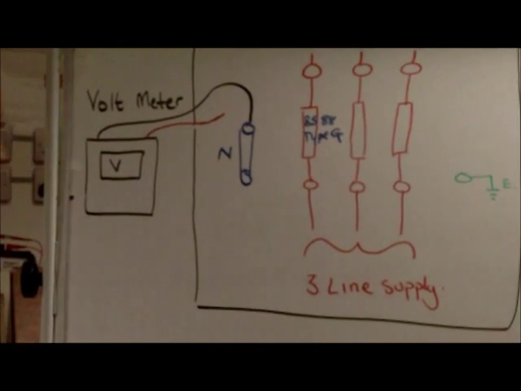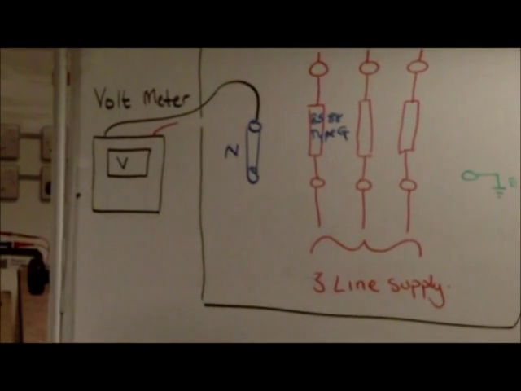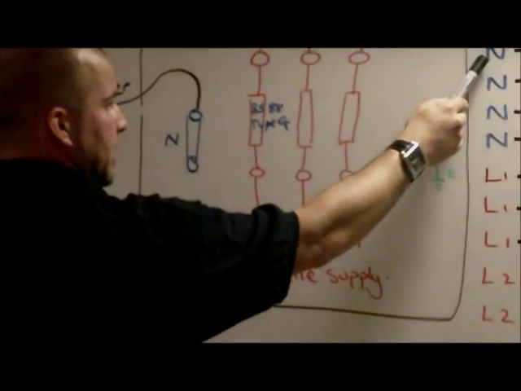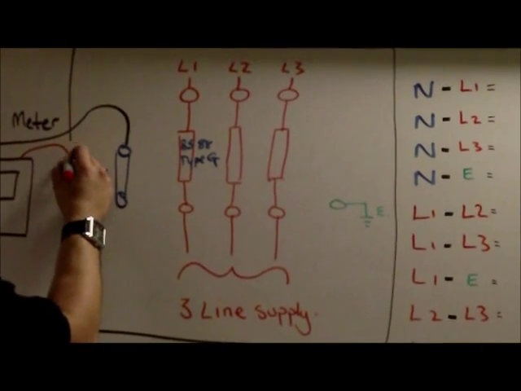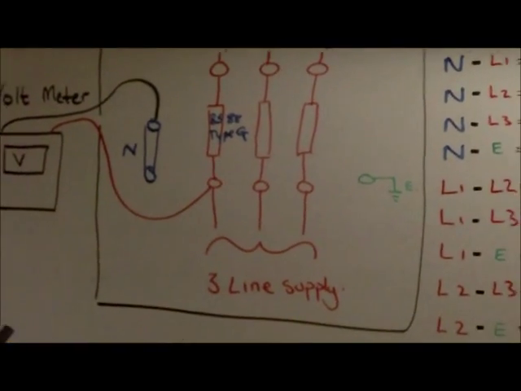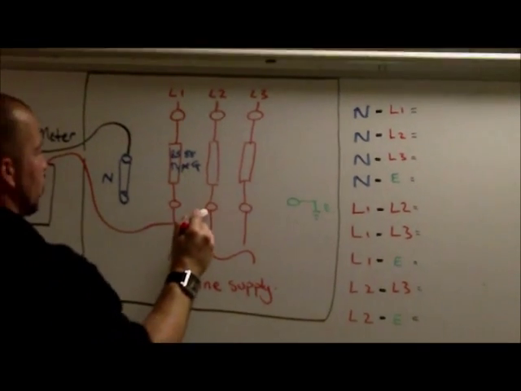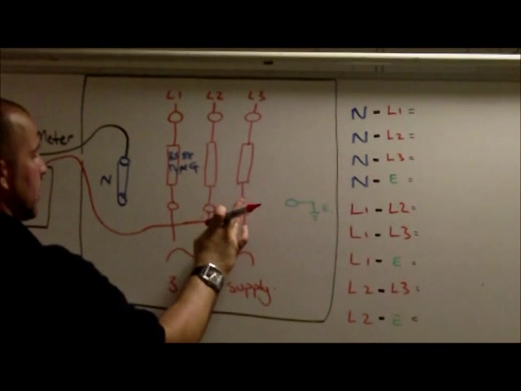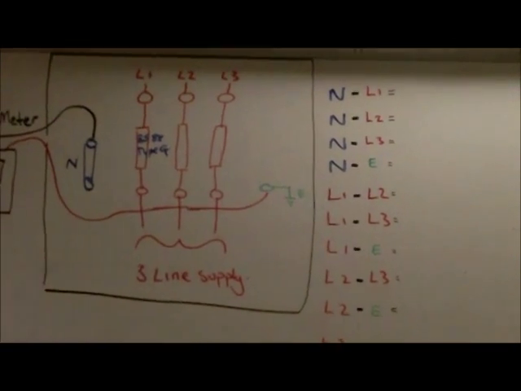First things first, we've put our neutral lead from our meter onto our neutral conductor. That's that one just there. Then we're going to test to there. So that's neutral to 12.1, then neutral to 12.2, neutral to 12.3, then neutral to earth.